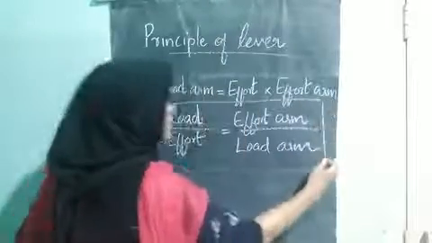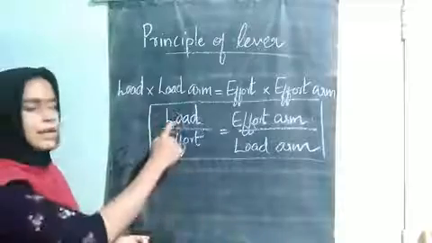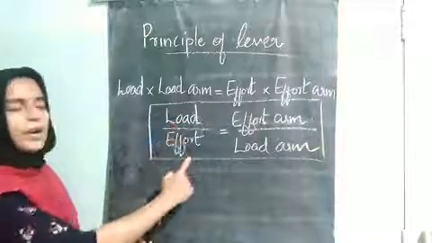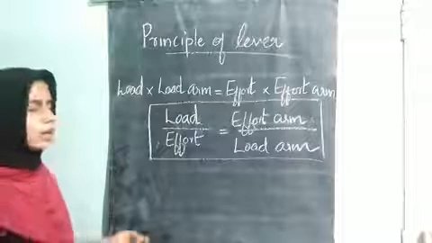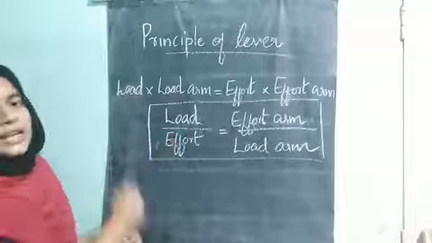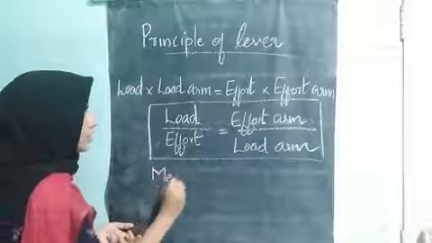You should write all these equations in your notebook. Here I have said the ratio between load and effort. The ratio between load and effort we can call mechanical advantage.